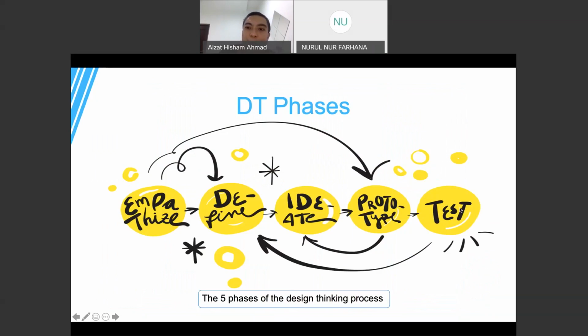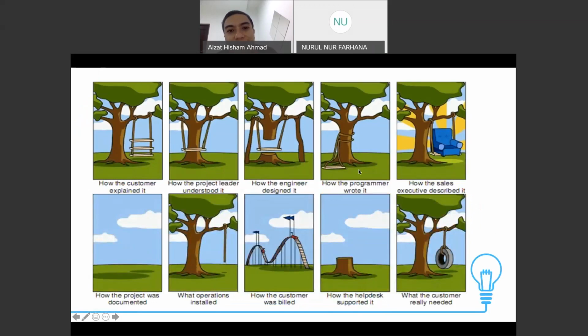If you happen to do testing or prototyping in the DT phases in the development of the product, you will not have these issues or problems. So this photo represents how this can be solved through design thinking.